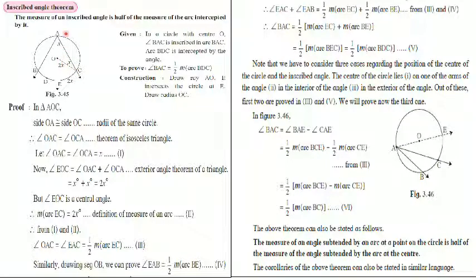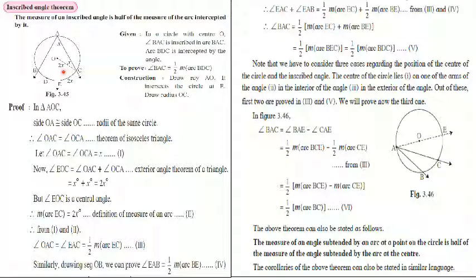Angle OAC is congruent with angle OCA, let it be x degrees each. Triangle OAC is an isosceles triangle because OA is congruent with OC. Angle EOC is an exterior angle of the triangle, therefore its measure is 2x degrees, because x degrees plus x degrees is 2x degrees.